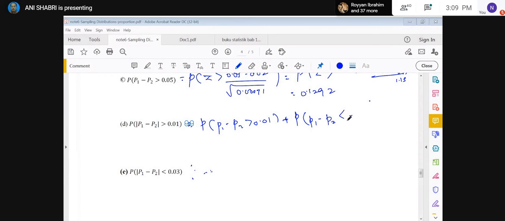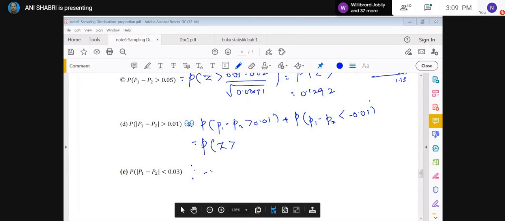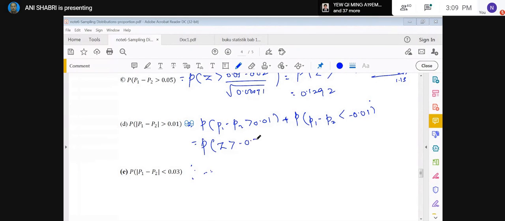Okay, 0.01. Okay, it is equal P, Z greater than negatif 0.38, plus P, Z less than negatif 0.36.